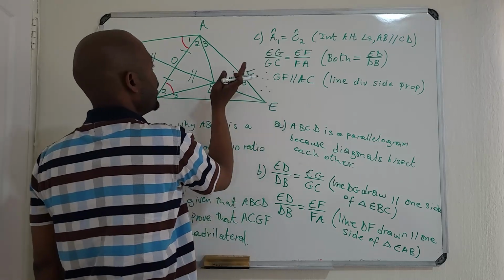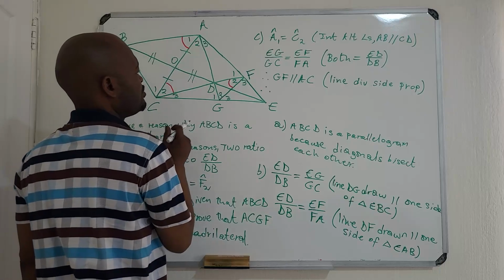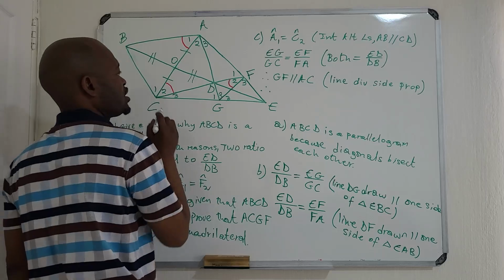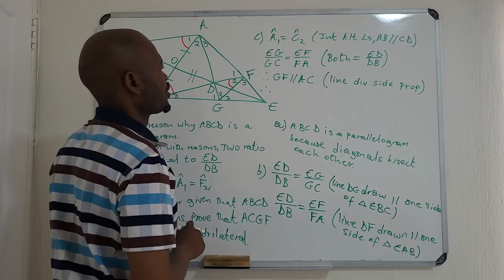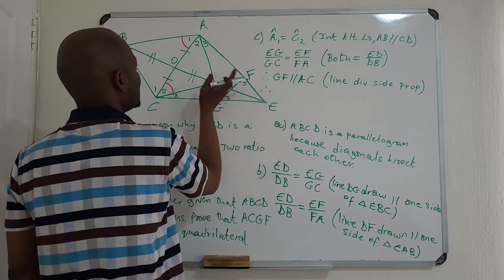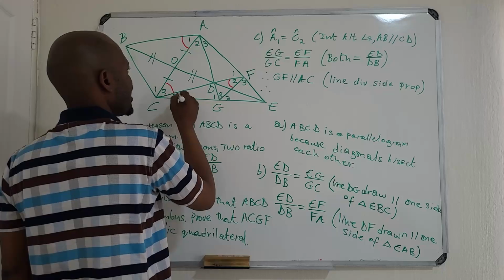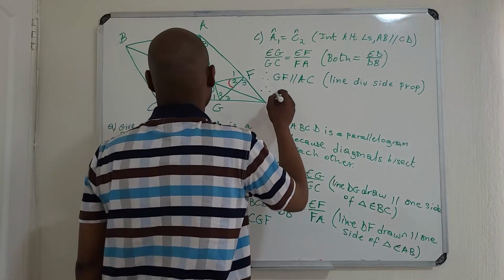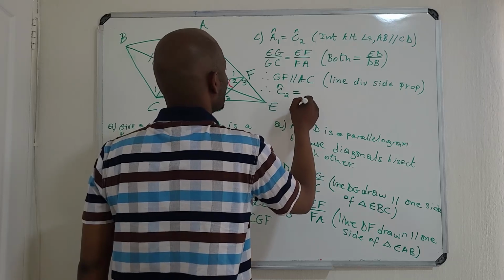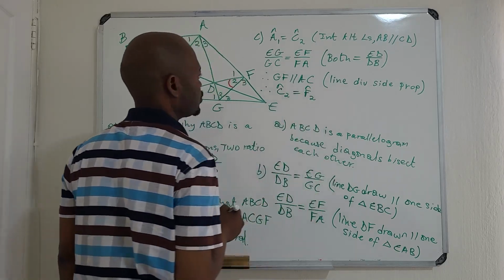Therefore, these two sides are parallel. Since these two are parallel, we've got a Z shape. Therefore, this angle is equal to that angle. Therefore, angle C2 is equal to angle F2.